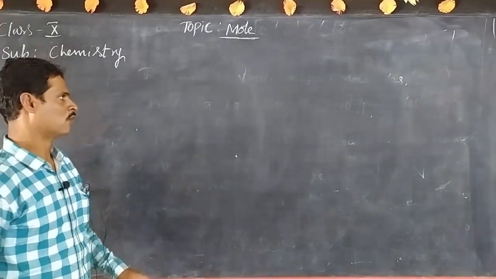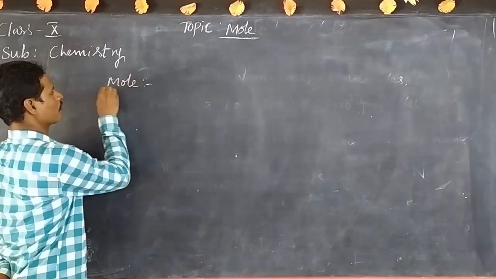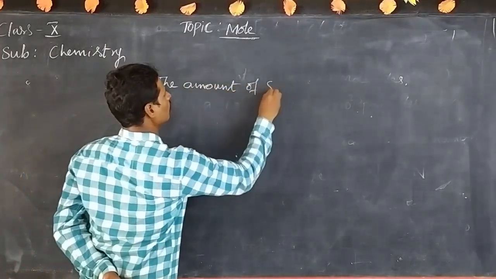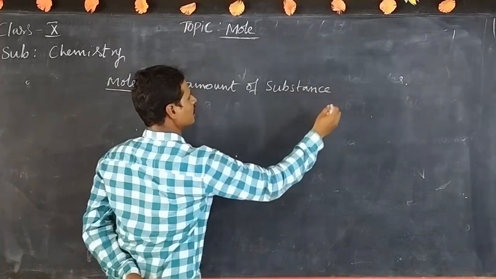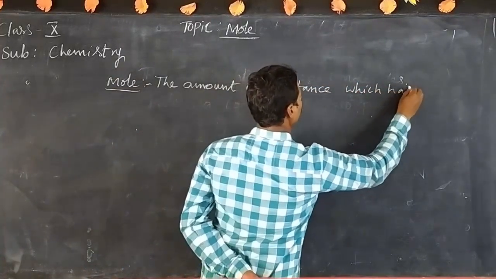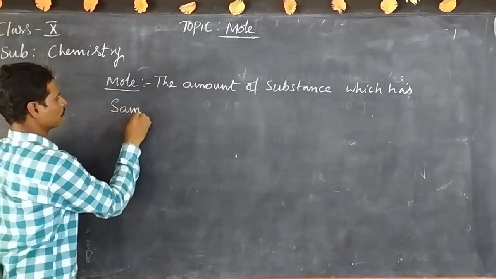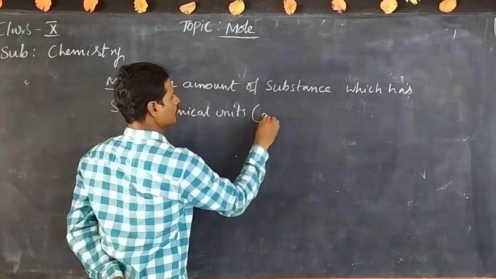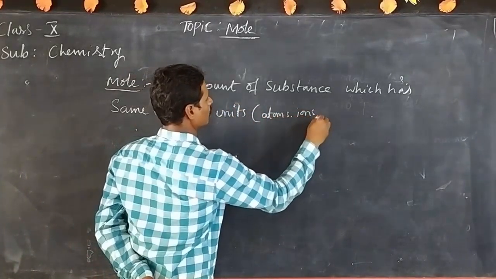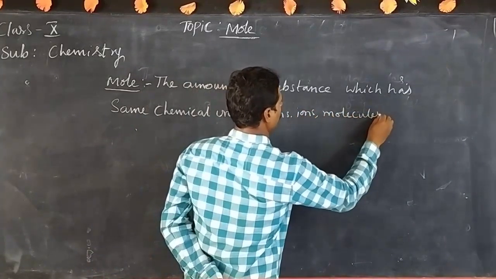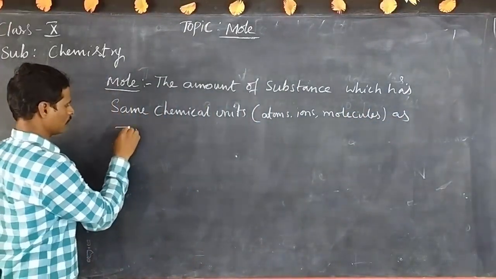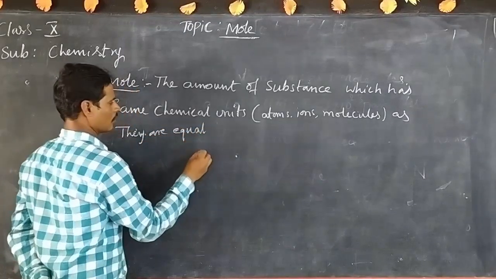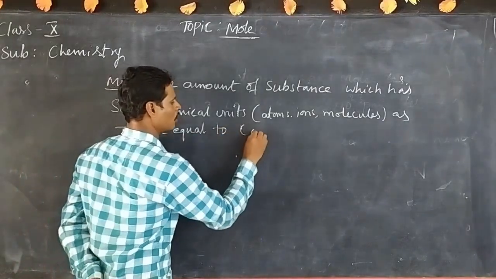What is another definition of mole? The amount of substance which has the same chemical units, that is atoms, ions, molecules, as are equal to the carbon 12 isotope.